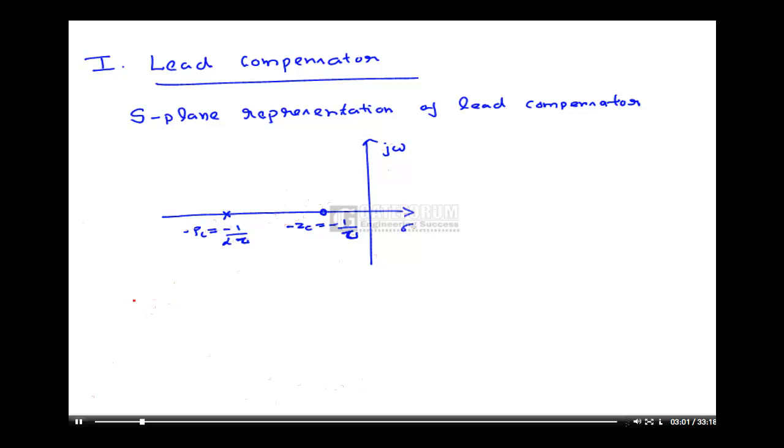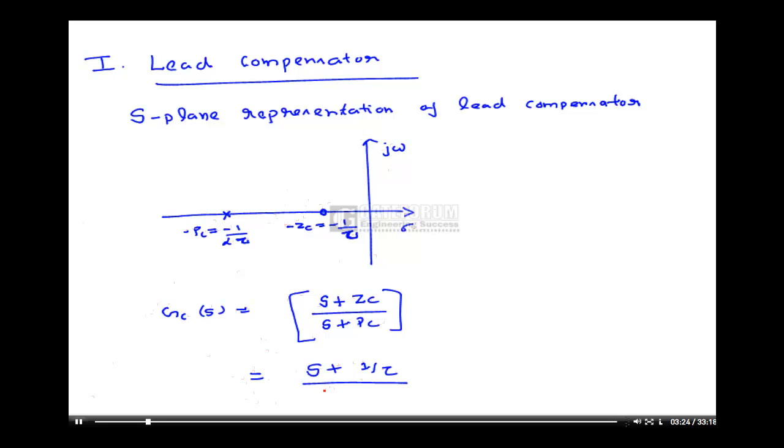Now, the transfer function of the compensator is S plus Zc upon S plus Pc. In terms of tau and alpha, I can write it as S plus 1 by tau upon S plus 1 by alpha tau.